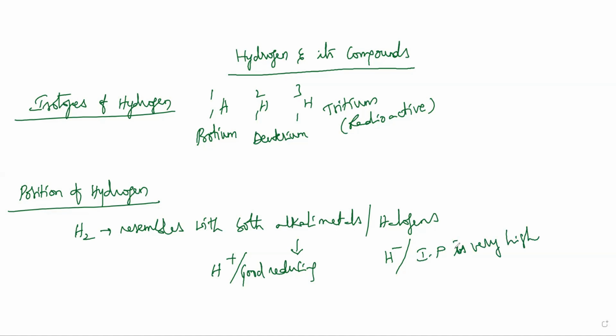But the only reason why it is placed in the first group, with alkali metals, is its electronic configuration ns1, which resembles the electronic configuration of alkali metals. That's the only reason. This is about position of hydrogen.